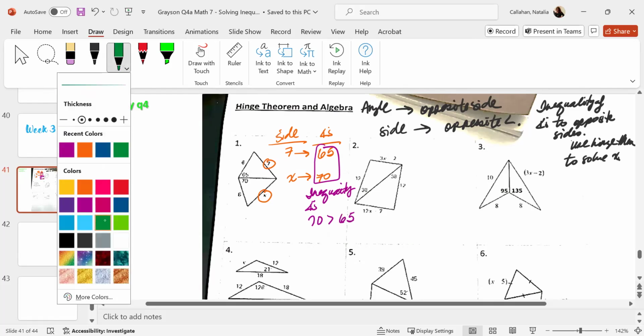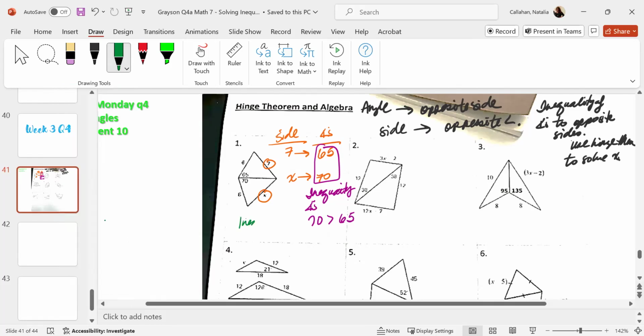Good. Now that you have this, write the inequality for what? We already used a side, so what do we have left? For the angles, correct? So how would you write the inequality for the angles?